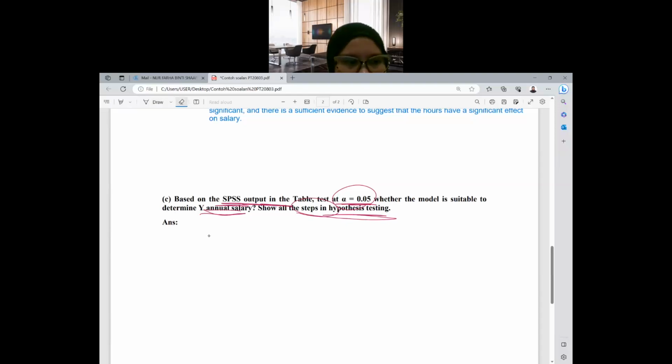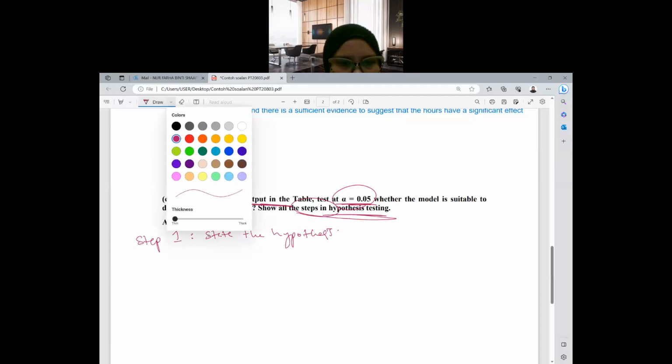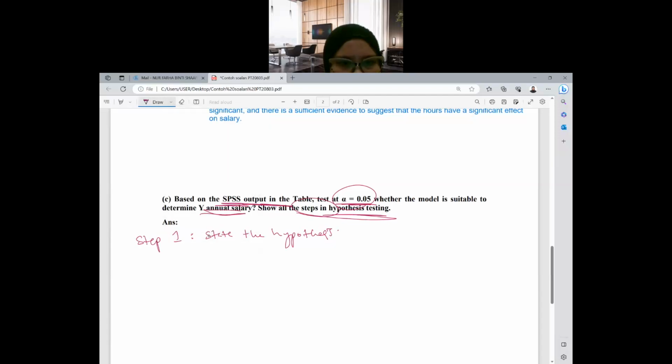Step 1. Your first step is to state the hypothesis. Remember, when you state your hypothesis, you need to state your null and alternative hypothesis. H0 is the null hypothesis, H1 is the alternative hypothesis.